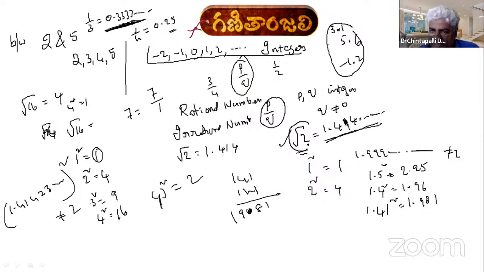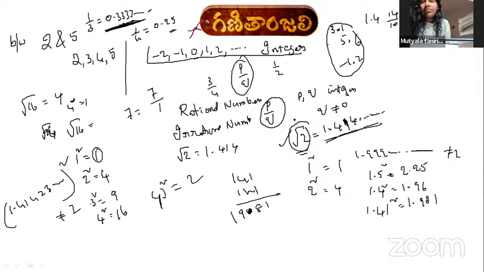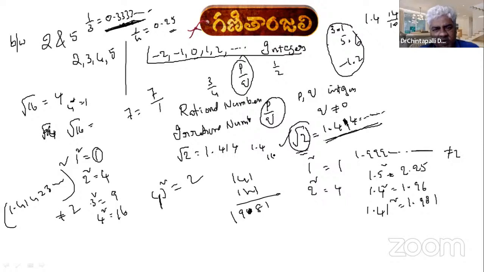Suppose its value is 1.4, it can be expressed in the form P by Q as 14 by 10. If it is 1.41, it can be expressed in P by Q form as 141 by 100.